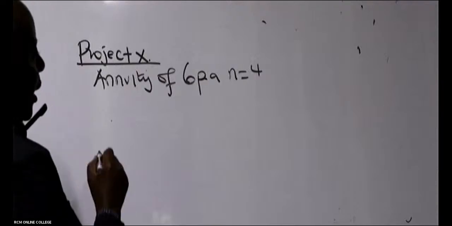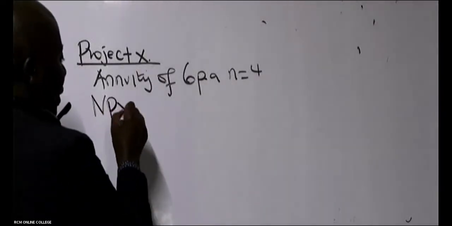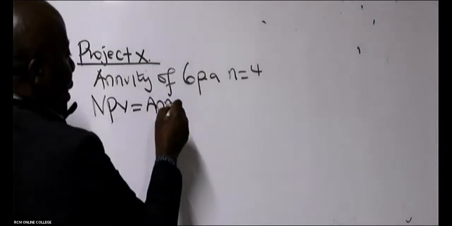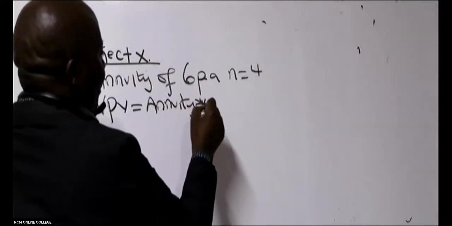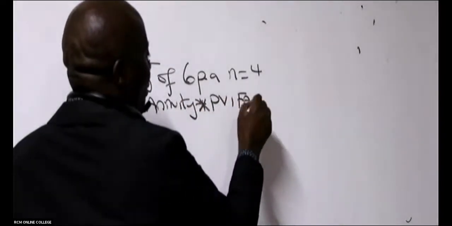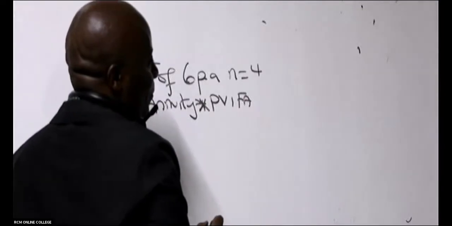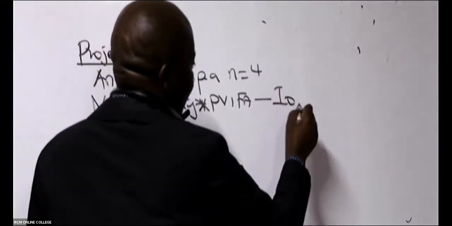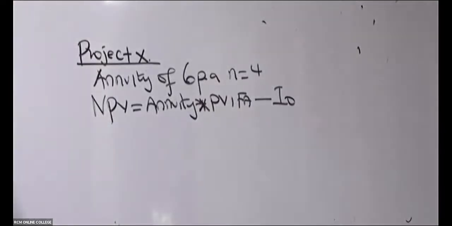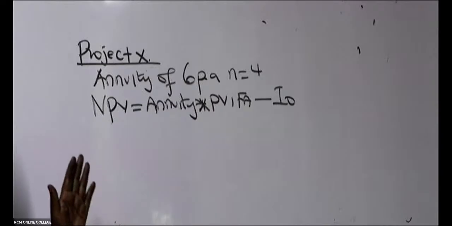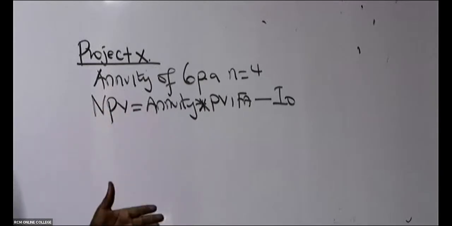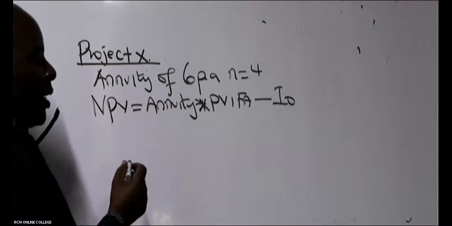So in this case, I can come and straight away get net present value by taking the annuity times PV, the present value interest factor of an annuity, and then I subtract the initial outlay. So NPV will be annuity times PV, because 6 is an annuity figure, minus initial outlay. So let's compute this PV.